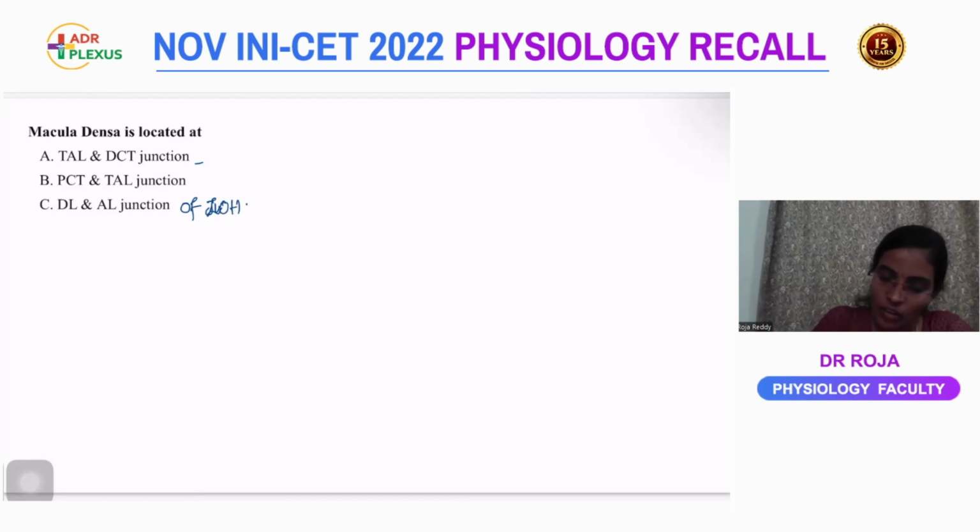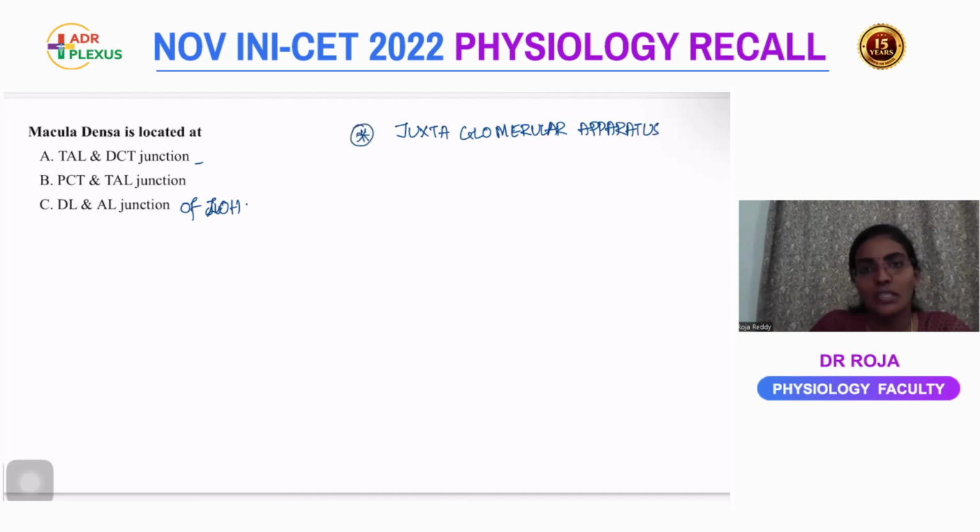Now, what is this macula densa? You all know that macula densa is a component of the juxtaglomerular apparatus. This is an important component present in the kidneys.